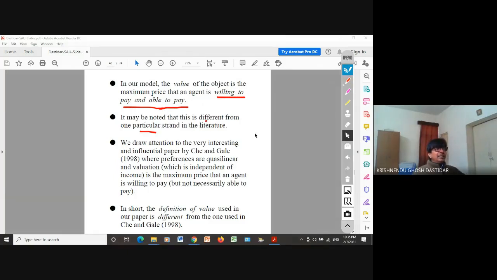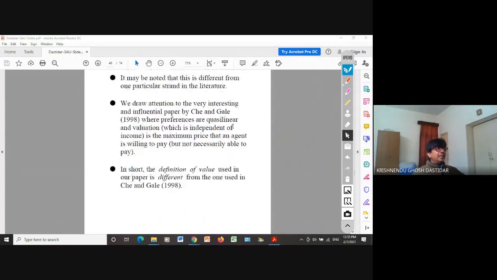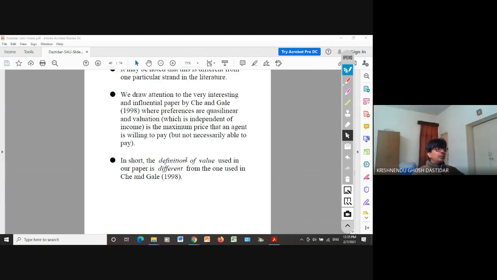We draw attention to a very interesting paper by Che and Gale, RES 98, where preferences are quasi-linear and valuation, which is independent of income, is the maximum price that an agent is willing to pay but not necessarily able to pay. In short, the definition of value used in our paper is different from the one used in Che and Gale.